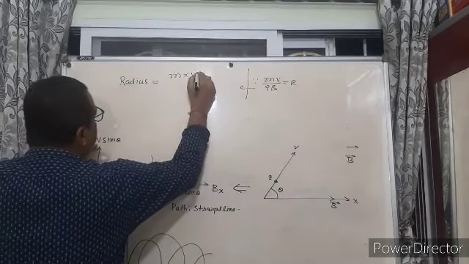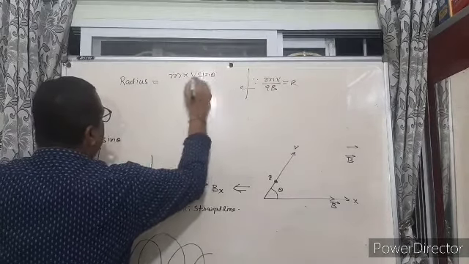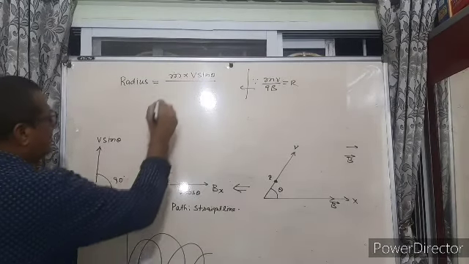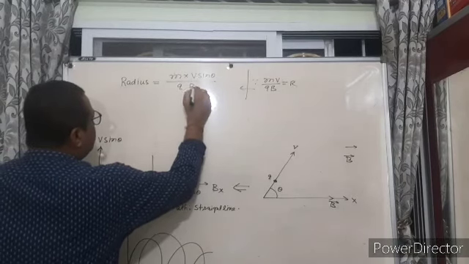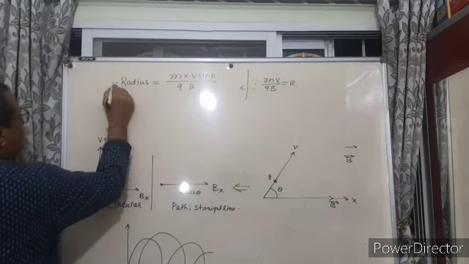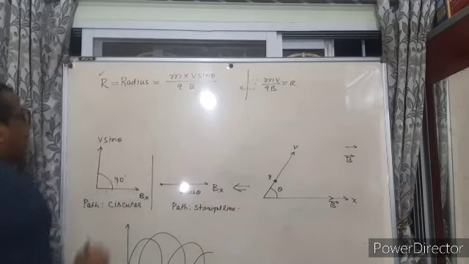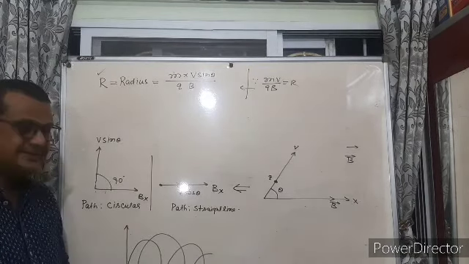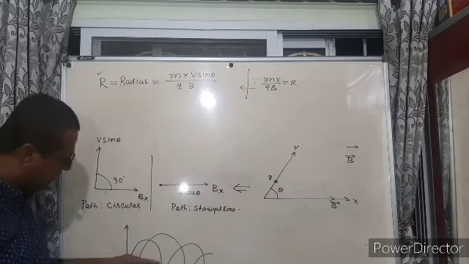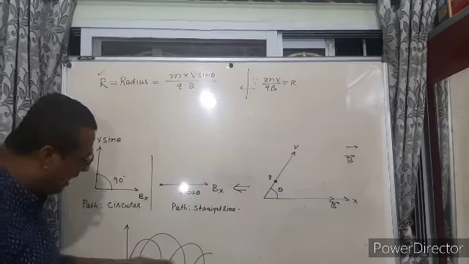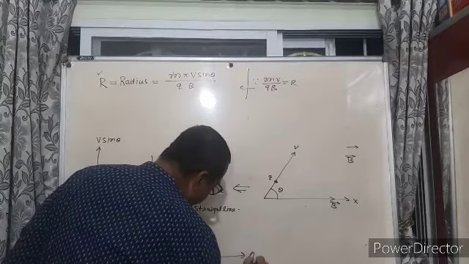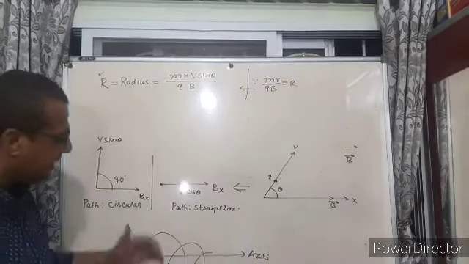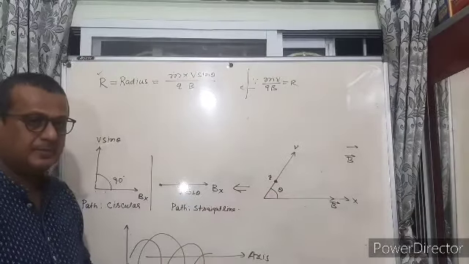So the radius will be equal to m v sin theta divided by qB, that is the q, and this is the B. This is the radius of the particle moving along the x-axis, because the axis of this helix will be along this direction. This is the axis. It is parallel to the x-axis, or we can say that it is parallel to the magnetic field.